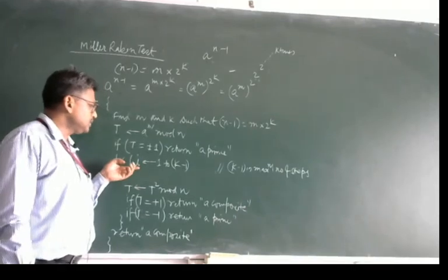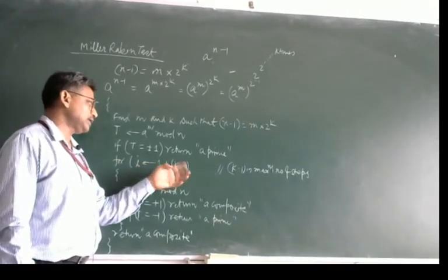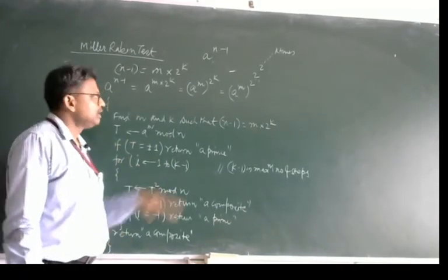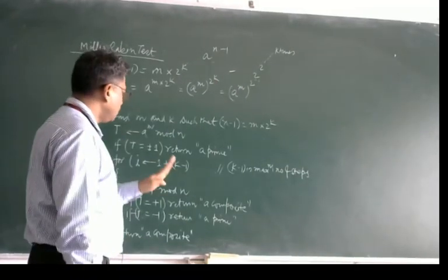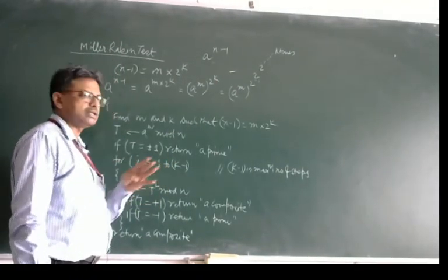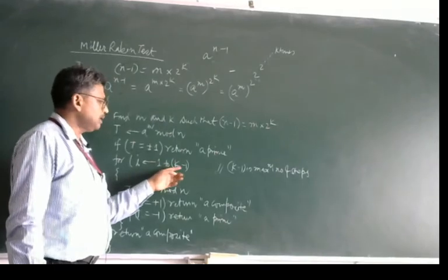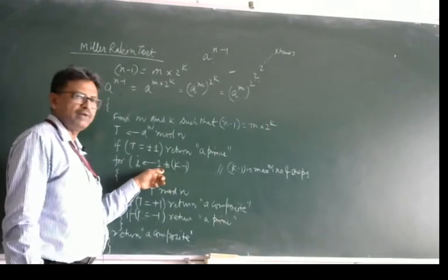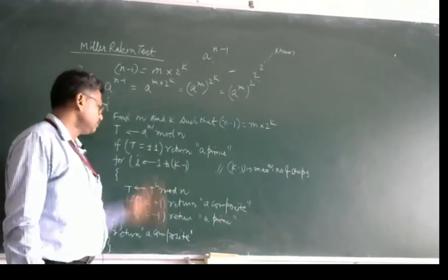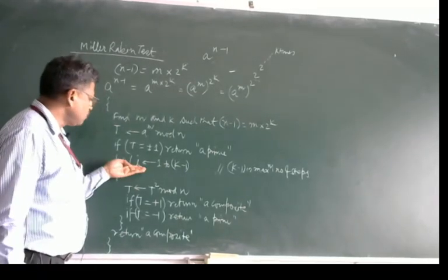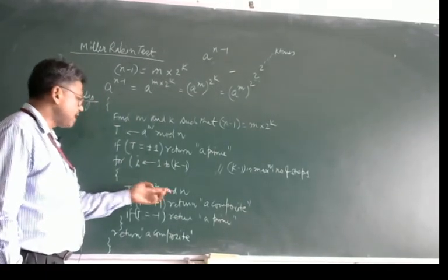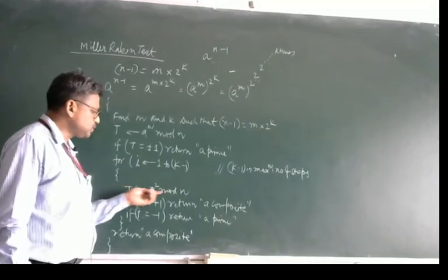So I will go from 1 to k minus 1, where k minus 1 is the maximum number of steps. Suppose the value of k is 4, so it will iterate 3 times: first the value of i will be 1, then 2, then 3. For each i we do the square process: t is equal to t squared mod n.